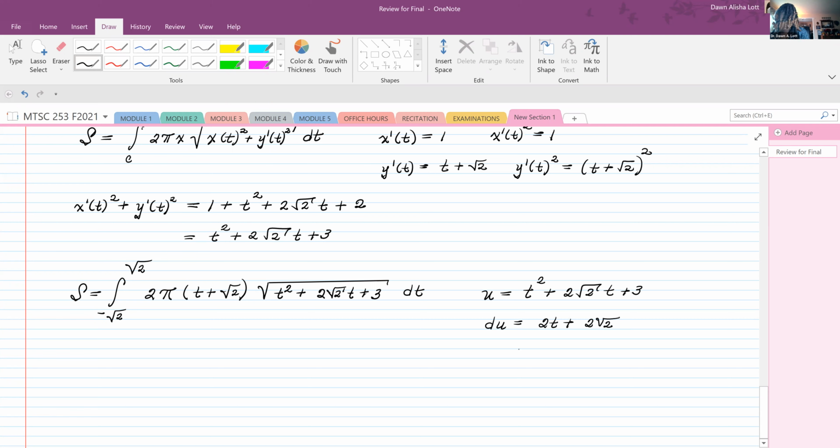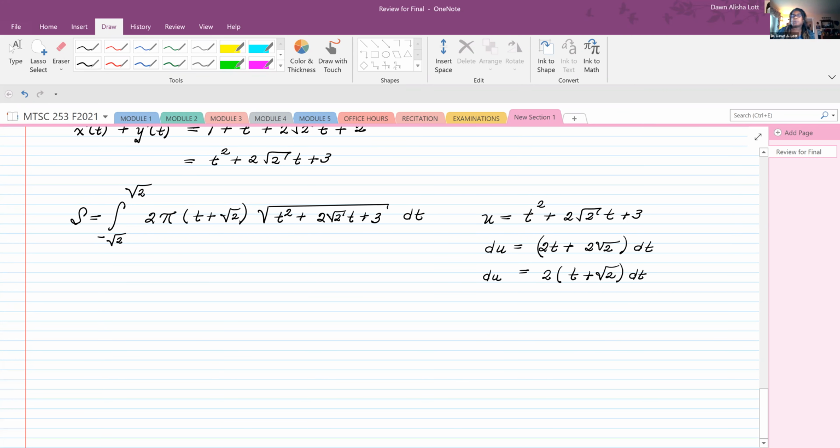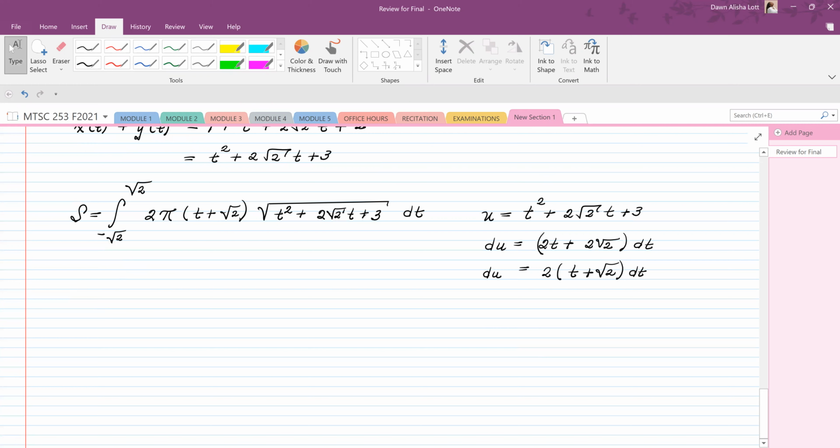So I can factor out the 2, and that leaves you with t plus the square root of 2 dt. And that's just perfect. Oh, wow. Isn't that perfect?